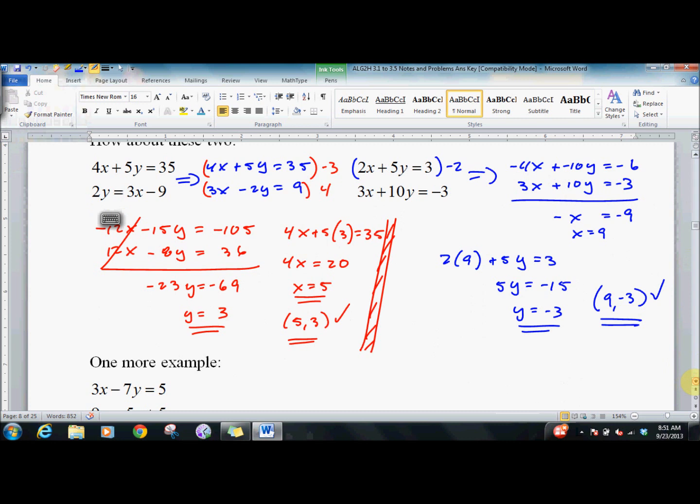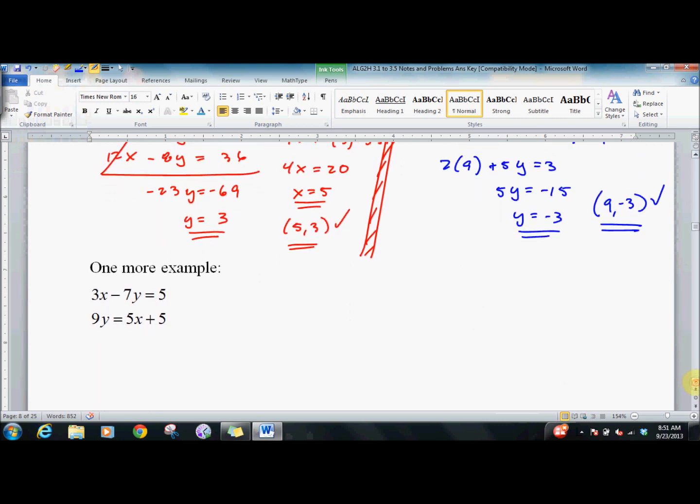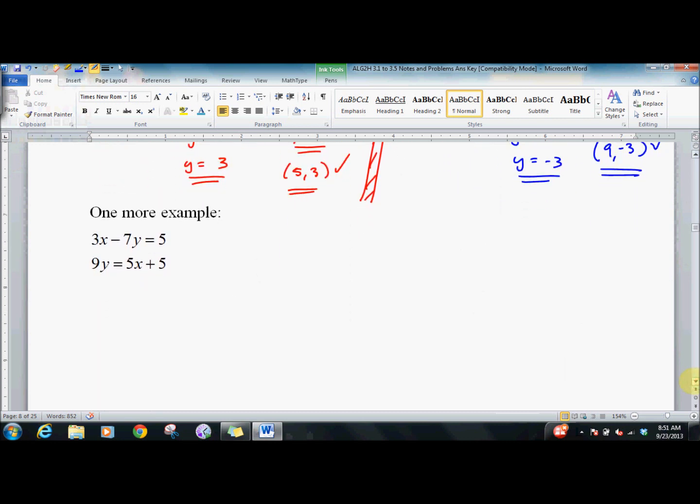One final example. I'm wondering if you can guess what's going to happen during this example. Looks like a pretty tricky problem. Actually, I guess it's not going to happen. I thought we'd get an inconsistent or dependent, but you see how those worked. Let's rewrite them.